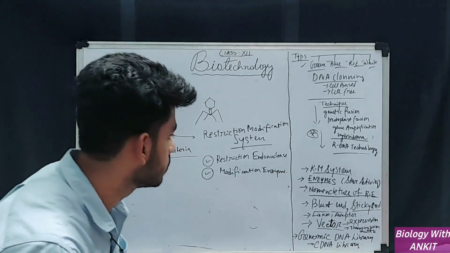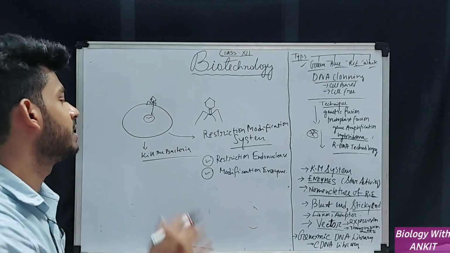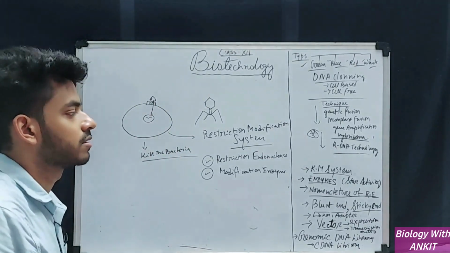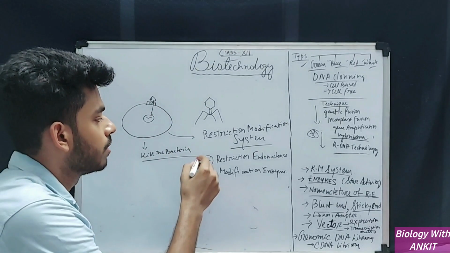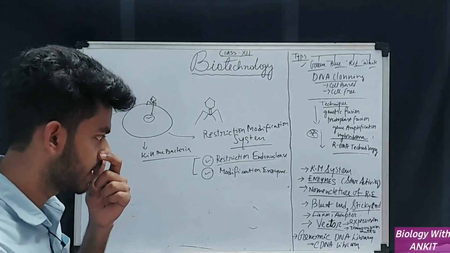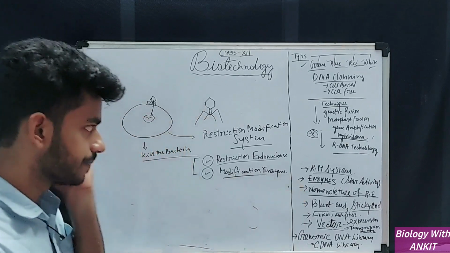So after long humiliation, the bacteria finally decides to get some armors for itself. The first armor is restriction endonuclease and the second armor is the modification system.